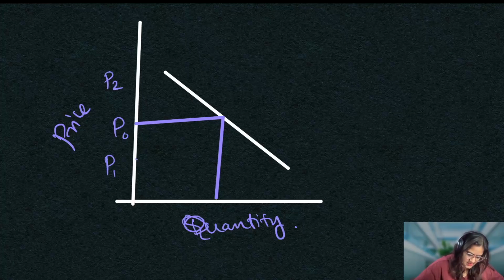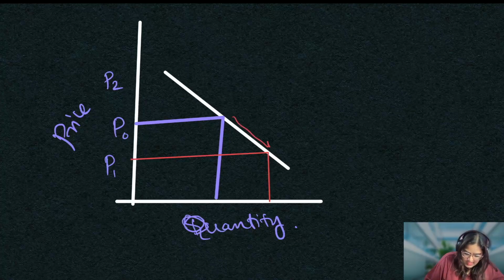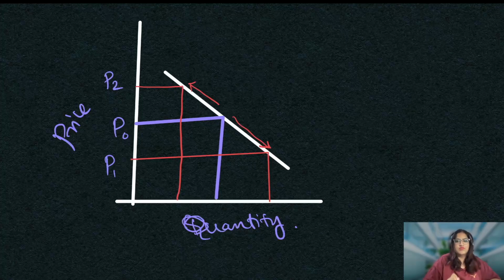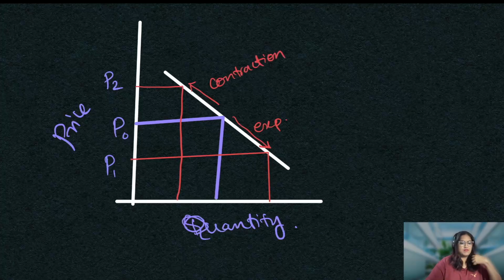When the price reduces, your demand increases, so here you have a right downward movement. When the price increases, your quantity demanded decreases and you have a left upward movement. So when the movement is downward and right, it is expansion, and when it is upward and left, it is contraction. So this is movement of demand.